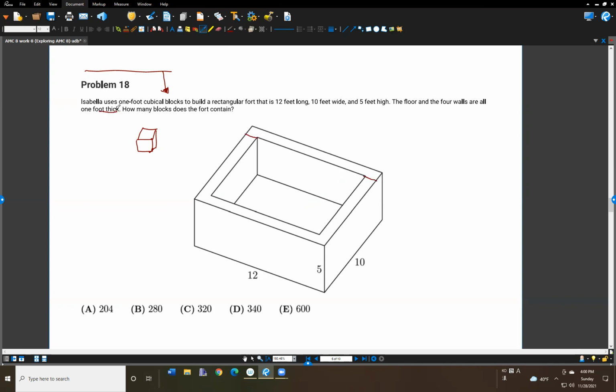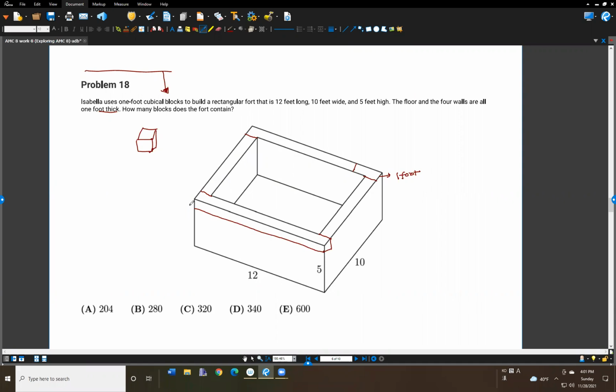This one thick is one foot over here. Okay, this is 1 foot. Okay, now take a look. This is 1 foot, this is 1 foot. Okay, so we have over here many blocks needed.